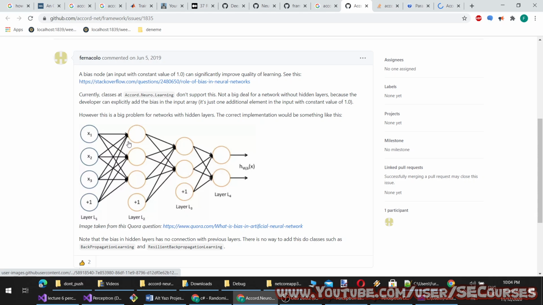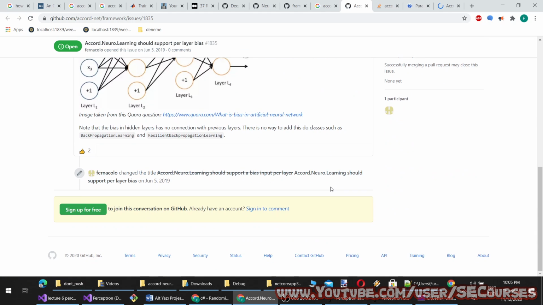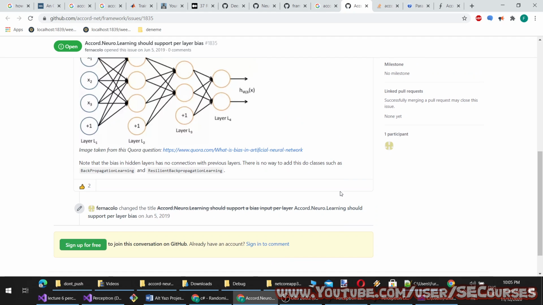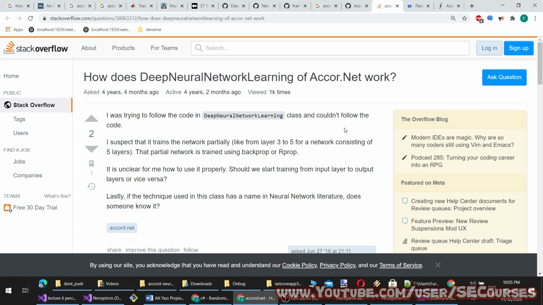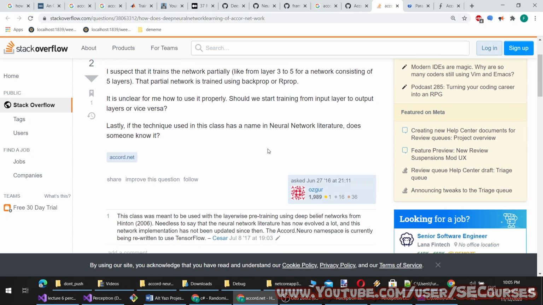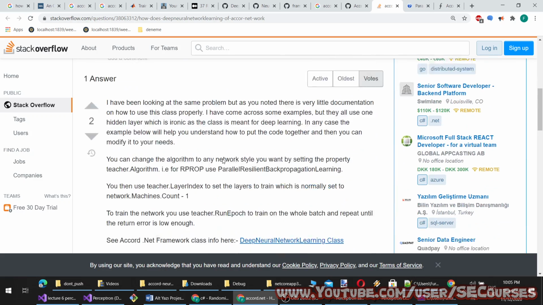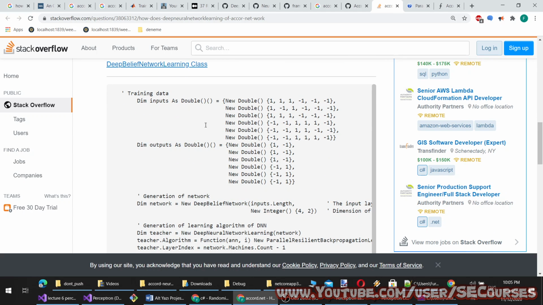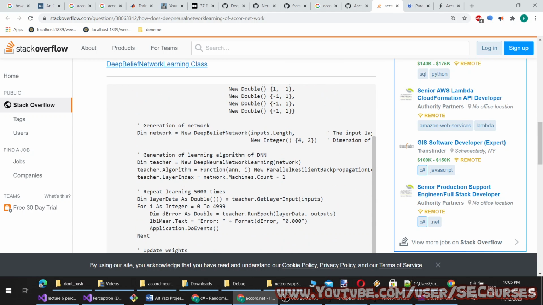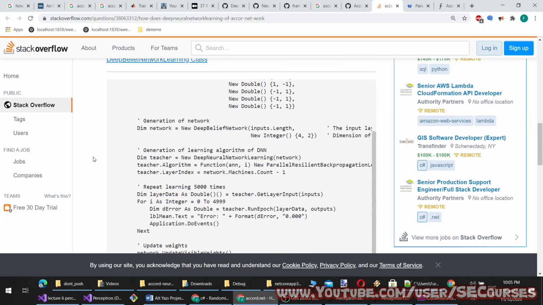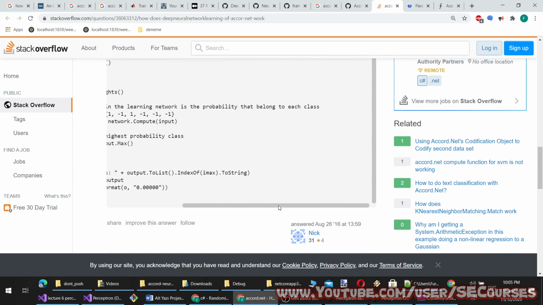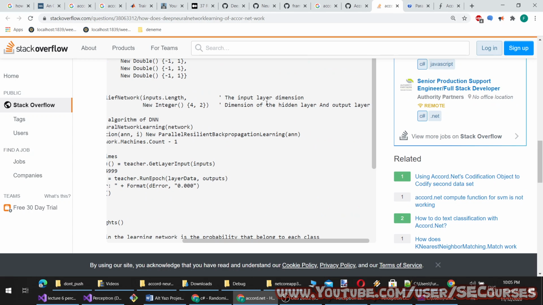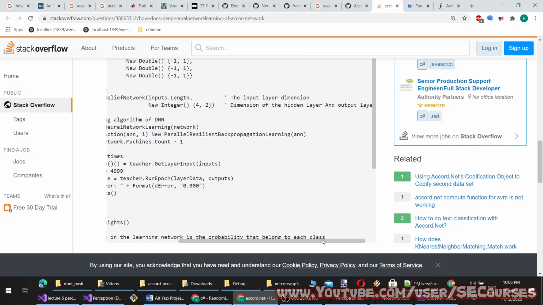Okay, so input layer, layer 1, layer 2, layer 4. Training data, output data, okay. Take some information here: input layer dimension, dimension of the hidden layer and output layer.